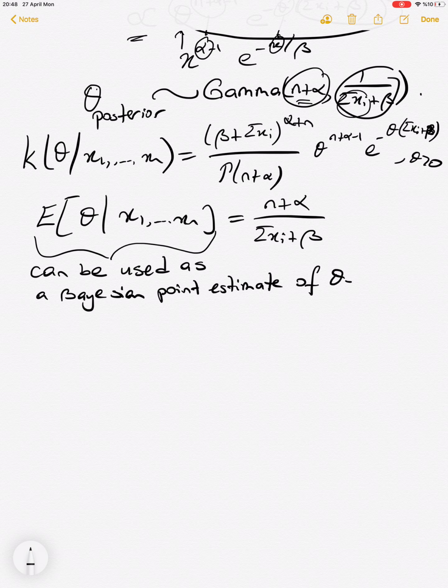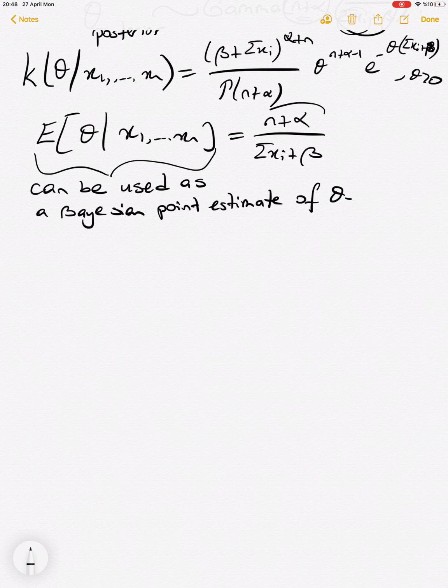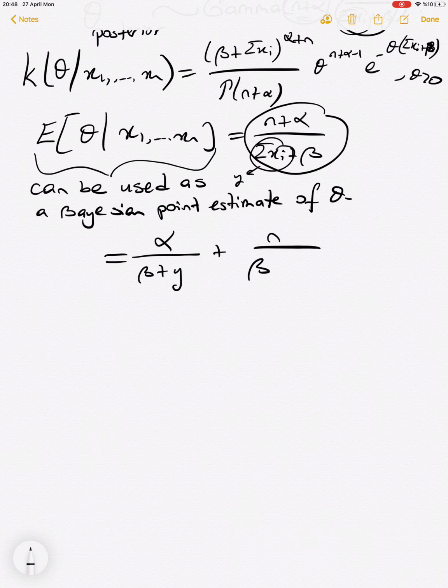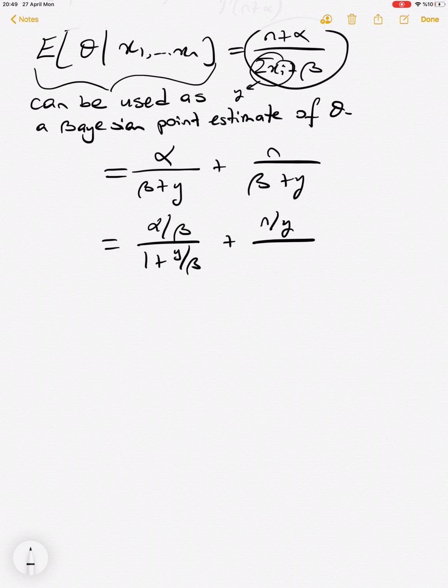So instead of using the MLE of theta for the estimate of theta, we can use this, but as you can see we still have some unknowns, alpha and beta, here. Also, if we want to write this quantity in another form, if we write summation xi as y, we will get alpha over beta times 1 plus y over beta, plus n over y.